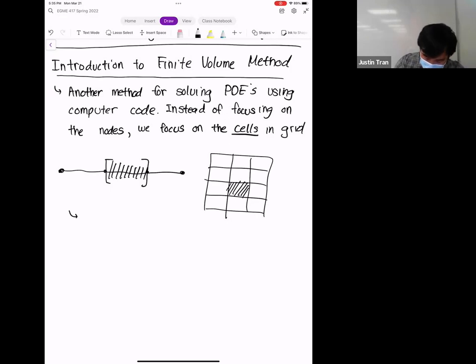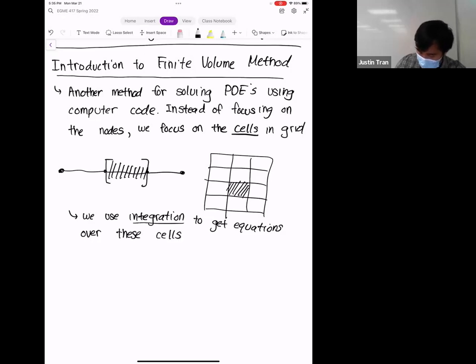The main mathematical tool that allows us to form equations over a region of space or over a cell is integration.